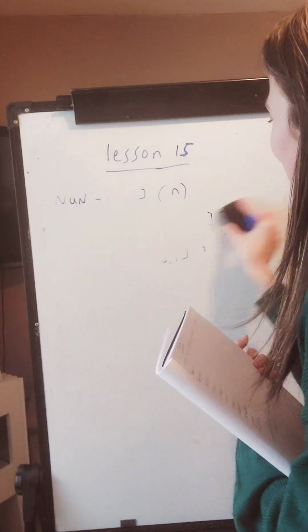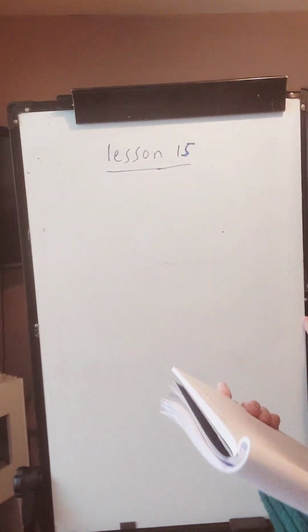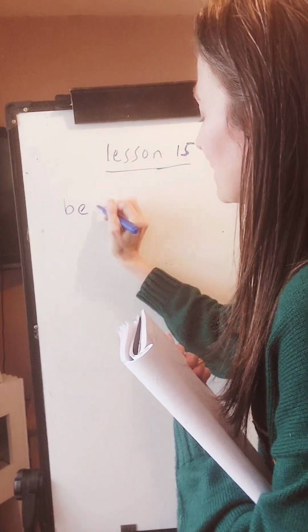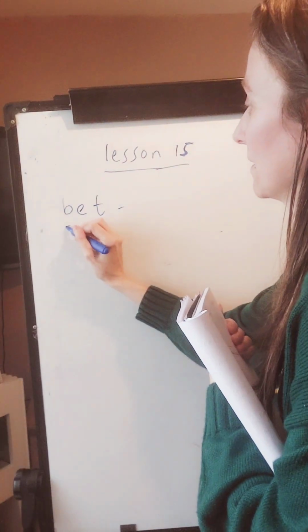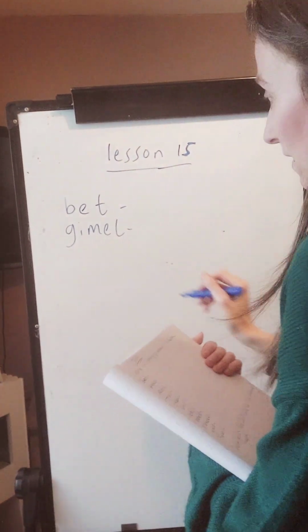And just for a test at the end of today's lesson, I want you to write the following consonants for me in Hebrew. So can you write the bet? I will put the answers up in a bit. Then I want you to write Gimel. And these are all the letters we've done so far.